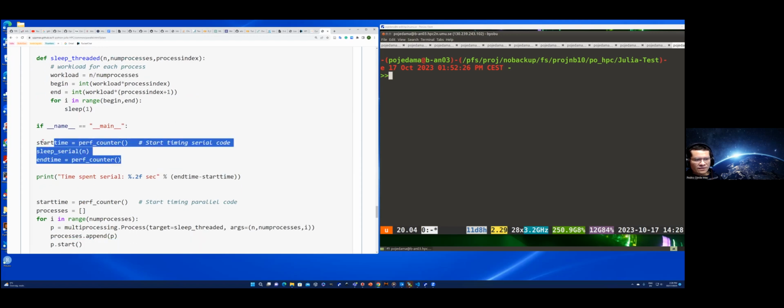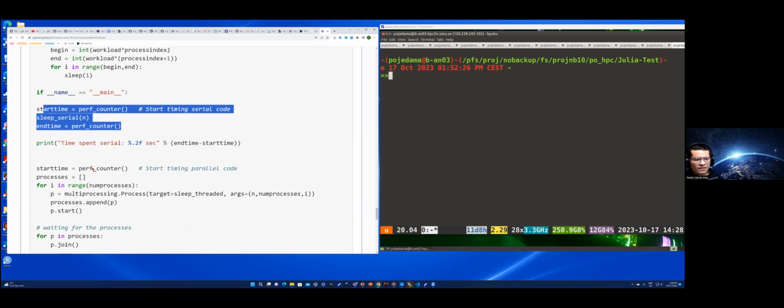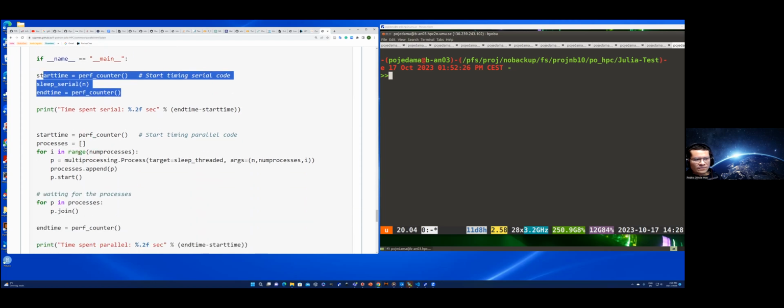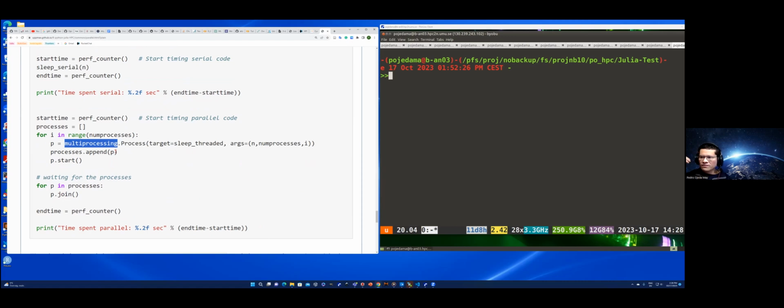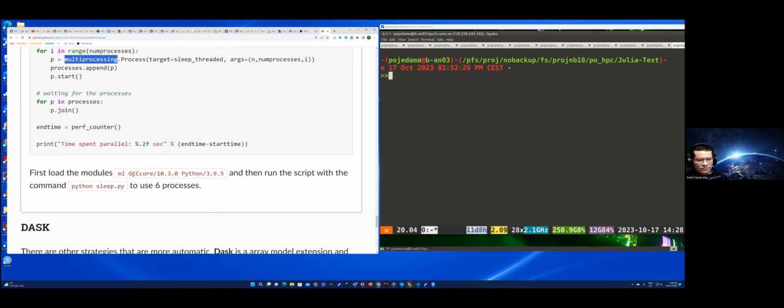Here I am timing the code in the serial case, and this is timing the code in the parallel case. And notice that I am using the multiprocessing package in Python, which is more on the side of distributed computing, right? Because as I mentioned before, in Python the threaded mechanism is not working well in the default version of Python. So how to run it?